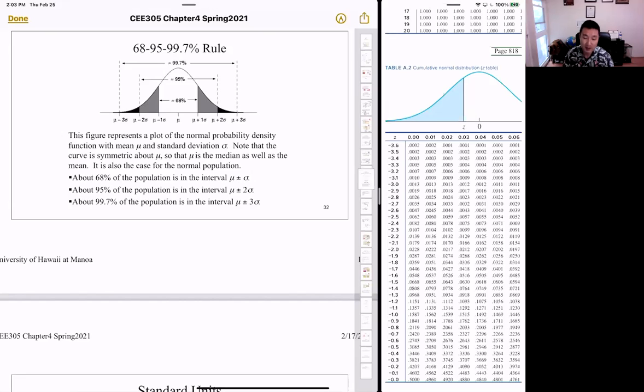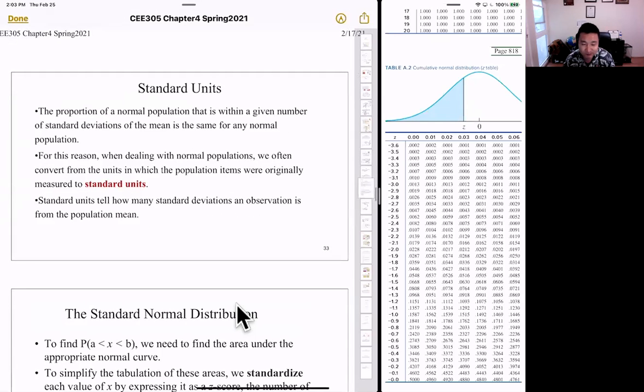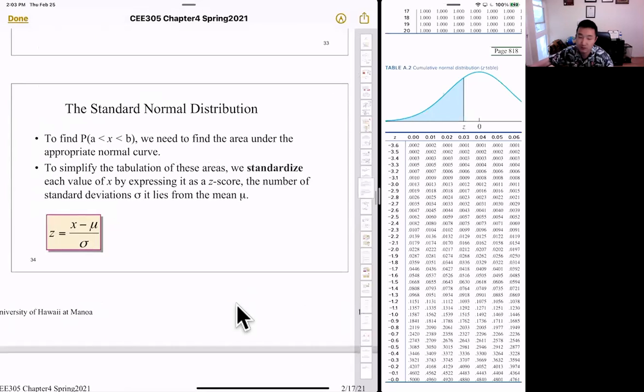So the shape of all normal distributions will be the same. Because of that, we normalize the normal distribution, and we call that the standard normal distribution, by calculating the z-score.